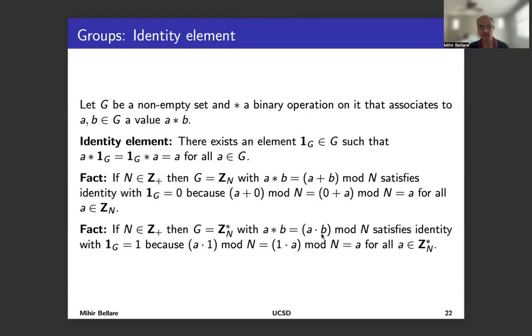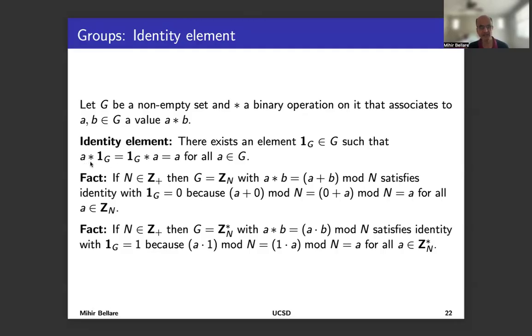We move to the next property of groups, which is that there should exist something called an identity element. What does that mean? That there is an element of the group which we'll denote as 1 with a G subscript, and operating on that with some other group element leaves your group element unchanged.